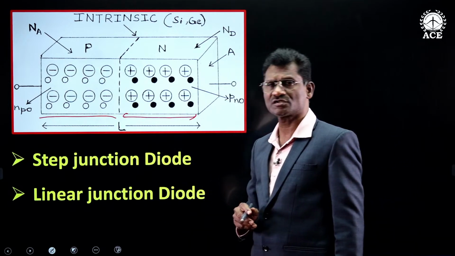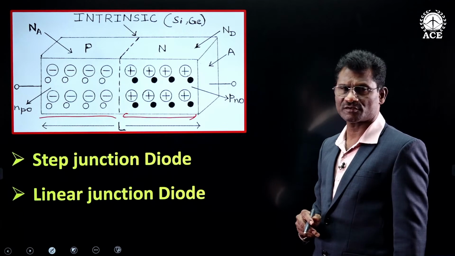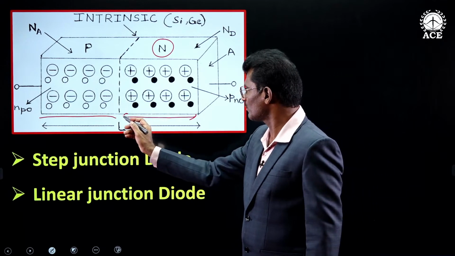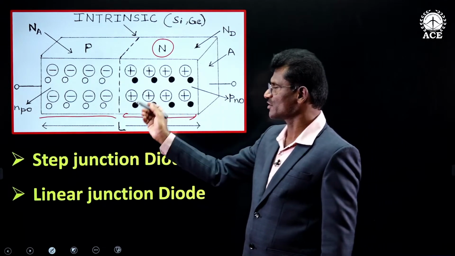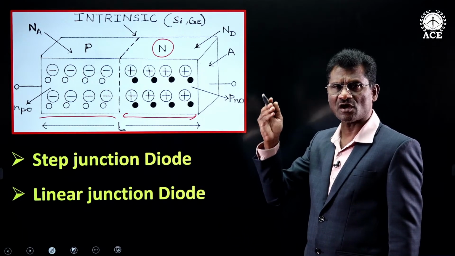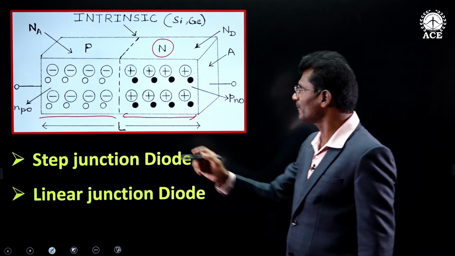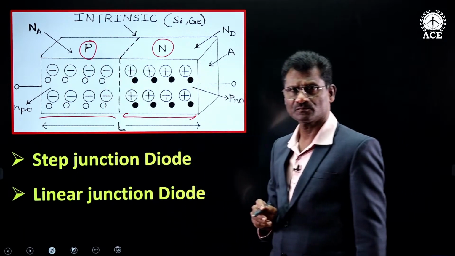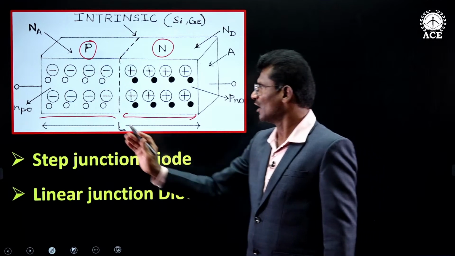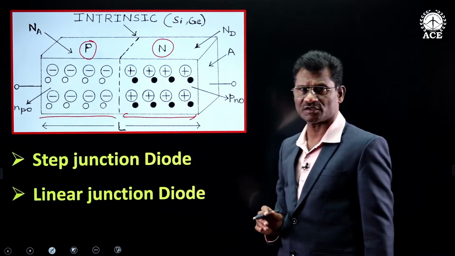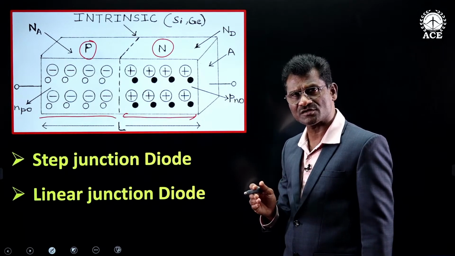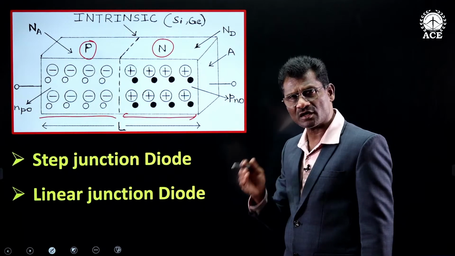Whereas coming to the linear junction diode, doping concentration is different. That is, in this N side, as we move from center to the right or right to the center, doping concentration either linearly increases or linearly decreases. Similarly, in the complete of P side, from the center as we move to the left or from the left as we move to the center, as the length changes, doping concentration, that is acceptor concentration, either increases or decreases.